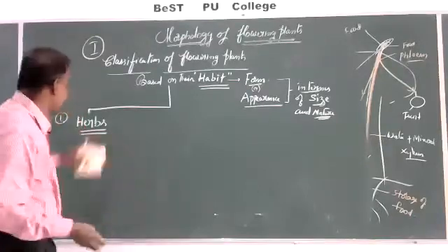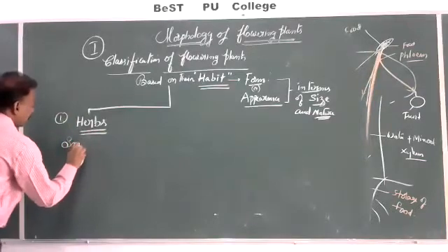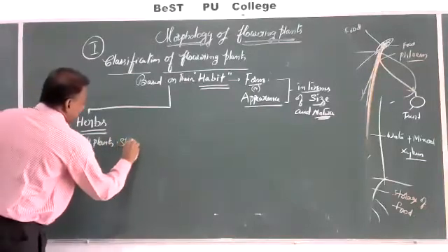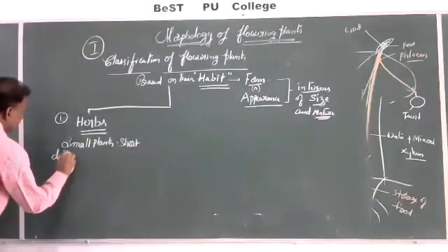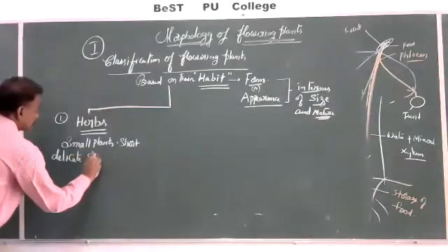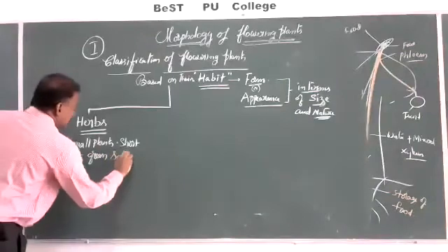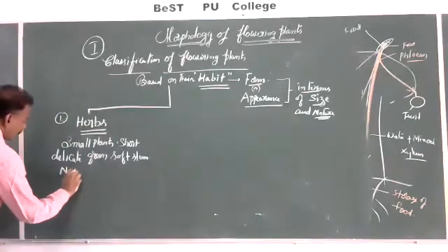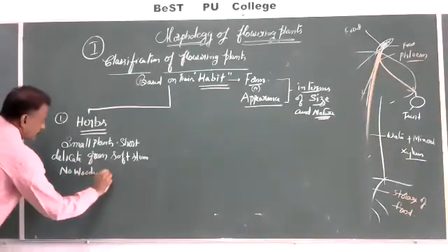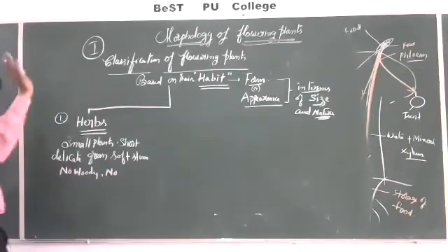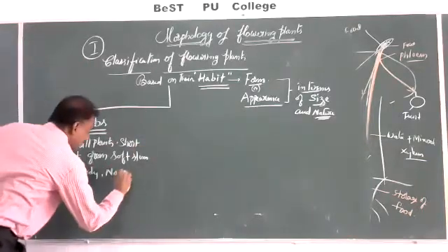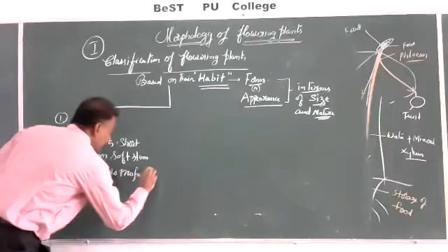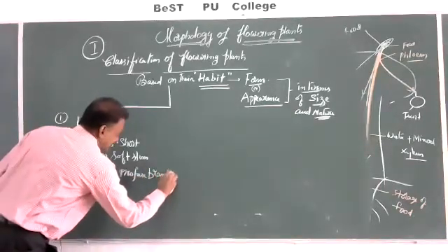Herbs: small plants, short, delicate, green, soft stem, no woody nature, no profuse branching. Profuse means more; completely no profuse branching, simple plants.